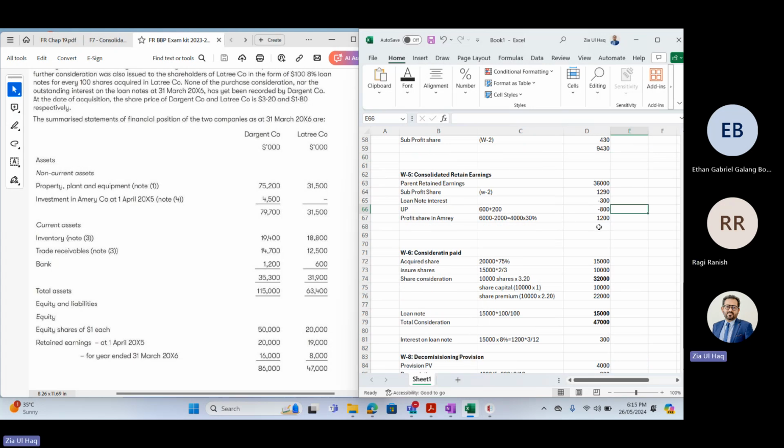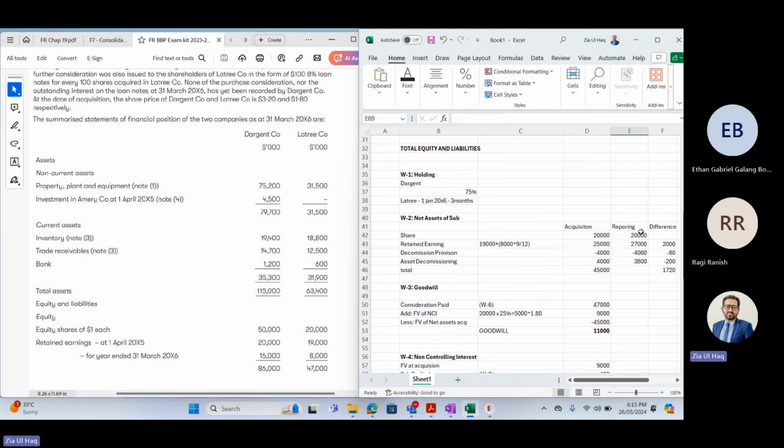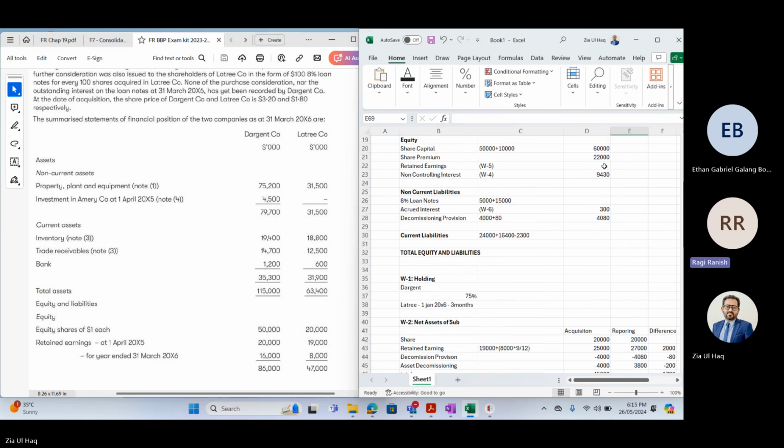So for consolidated reserves, what's the total here? 37,390. So we put 37,390. What's the total for our loan note? 20,000.